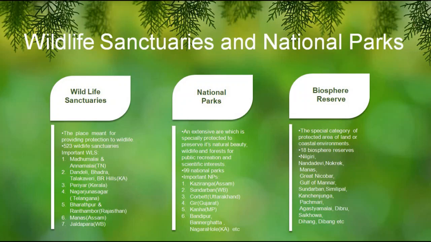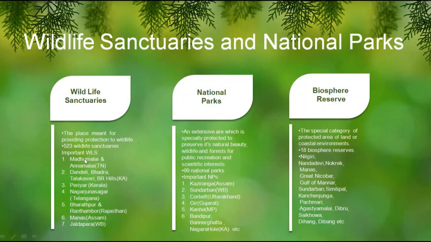Next, we have to discuss wildlife sanctuaries and national parks. Here we have to see three: wildlife sanctuaries, national parks, and biosphere reserves. First one, wildlife sanctuaries. Wildlife sanctuaries are places meant for providing protection to wildlife. In India, we have 523 wildlife sanctuaries.